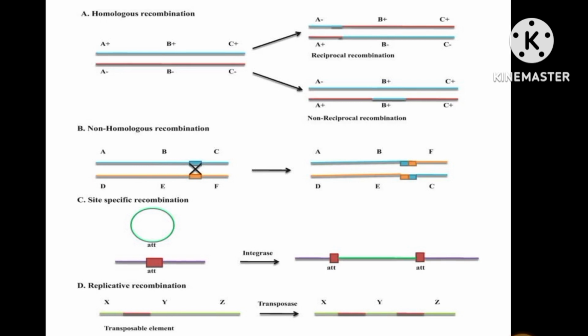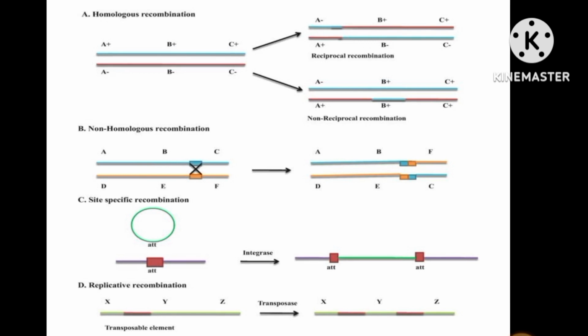The genetic material in which segments are exchanged between a non-homologous pair is called non-homologous recombination. Next is site-specific recombination. In site-specific recombination also, recombination occurs between a non-homologous pair, but here an enzyme plays a very important role, which is specific for both the donor and the recipient.